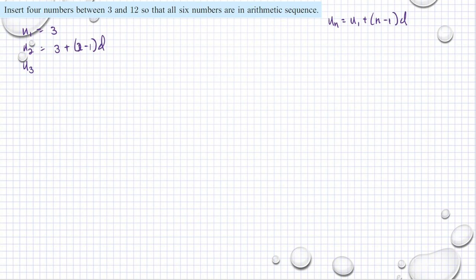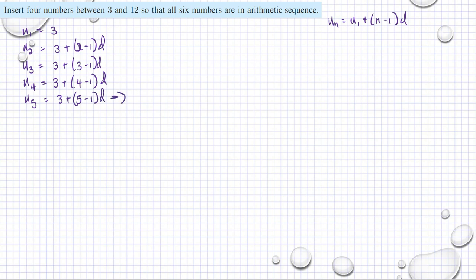And then u sub 3, we have 3 plus 3 minus 1 d. U sub 4, we have 3 plus 4 minus 1 d. And then we have u sub 5 is 3 plus 5 minus 1 d.